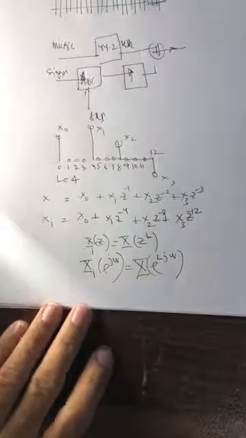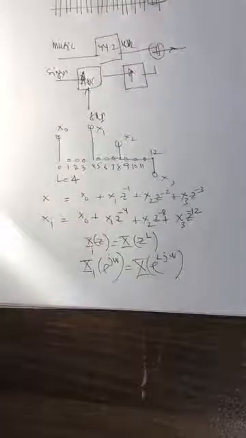So this is the relationship between the signal once you insert zeros and once the zeros are not there.